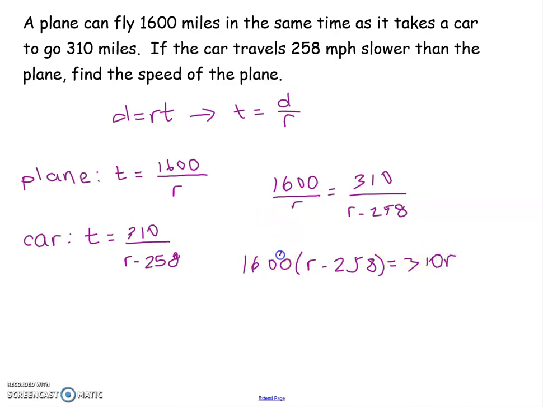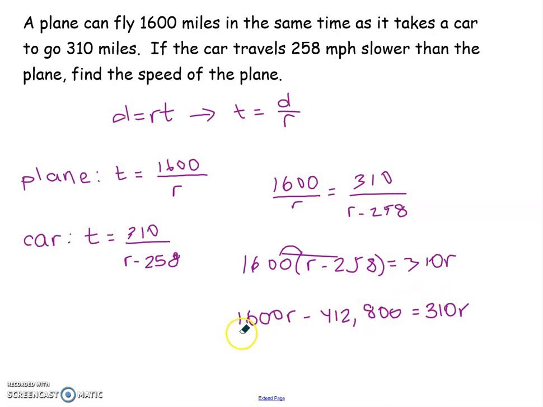So now I'm going to distribute the 1,600 to both. So I'm going to have 1,600r minus 412,800. And I'm going to make this equal to 310r.